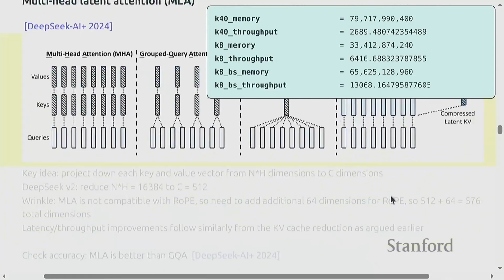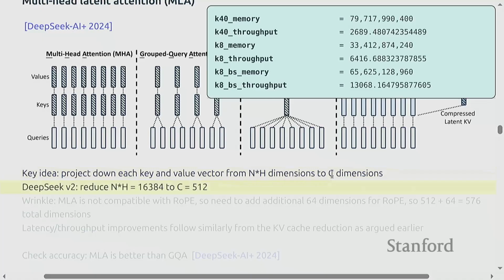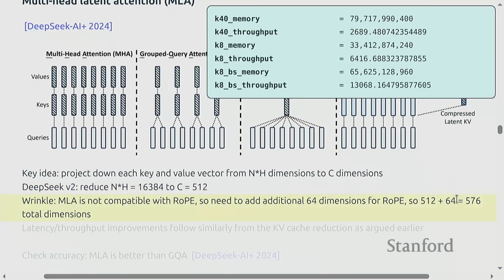So instead of using n times h dimensions for the KV cache of each token, I'm going to project out to c dimensions, and this is what DeepSeek did. It's actually quite an aggressive reduction from 16,000 to 512. The only wrinkle is that this is not compatible with RoPE, so they need to add a few more dimensions to put RoPE back in.